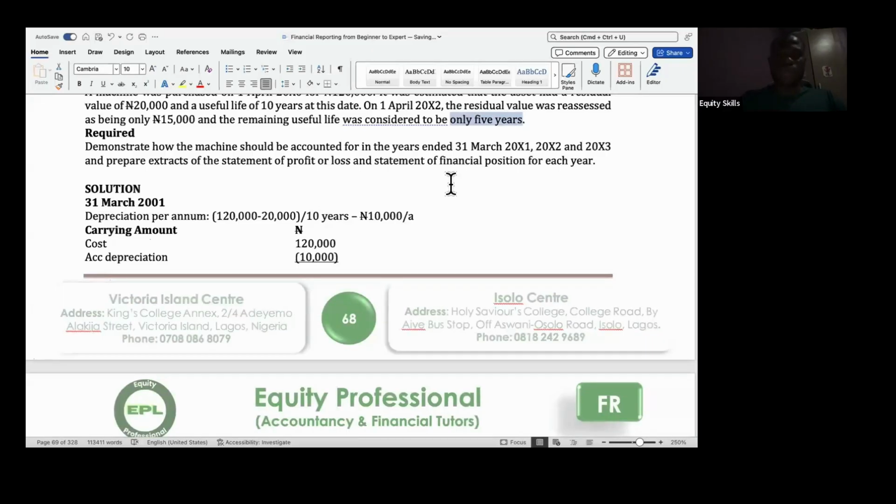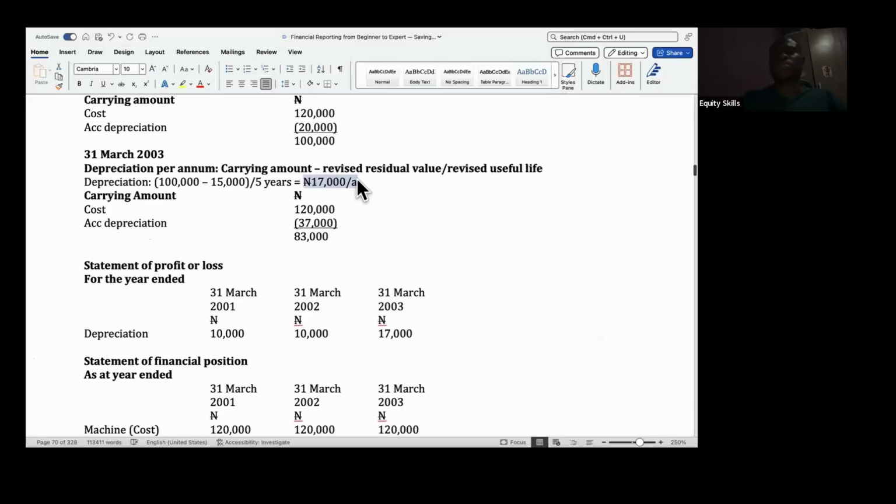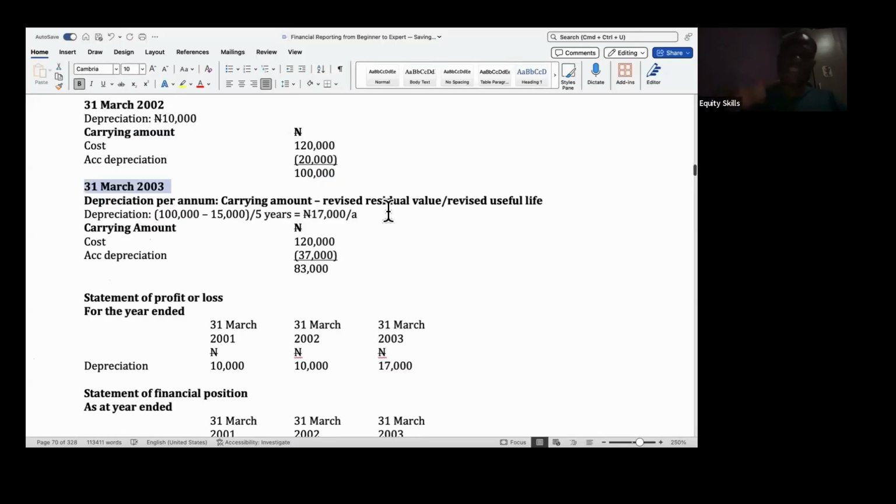When you punch your calculator, that will give us 17,000 per annum. That means from the end of this year going forward, our depreciation will now be 17,000 naira per annum going forward.